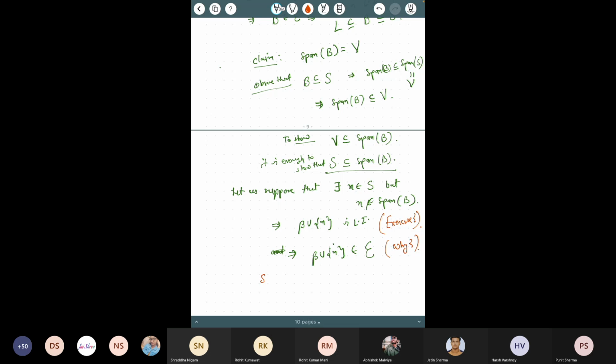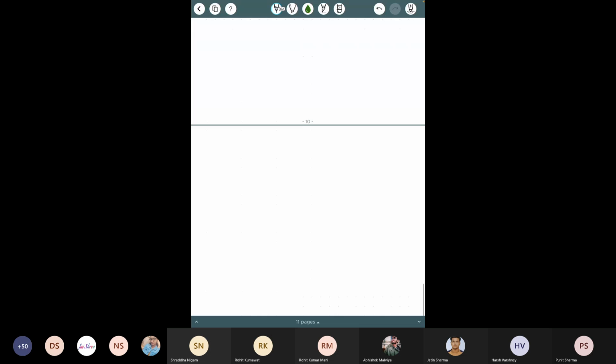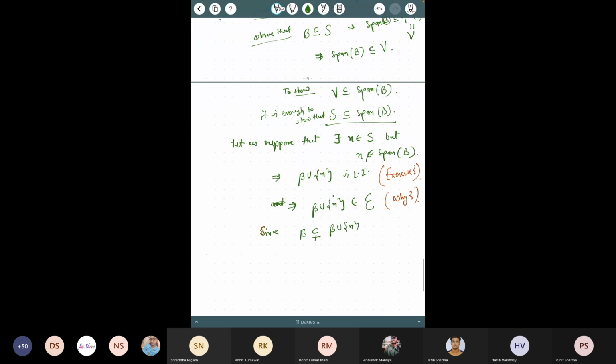But then, using these two things, since B is a proper subset of B union x, and B and B union x belong to E, which is a contradiction.